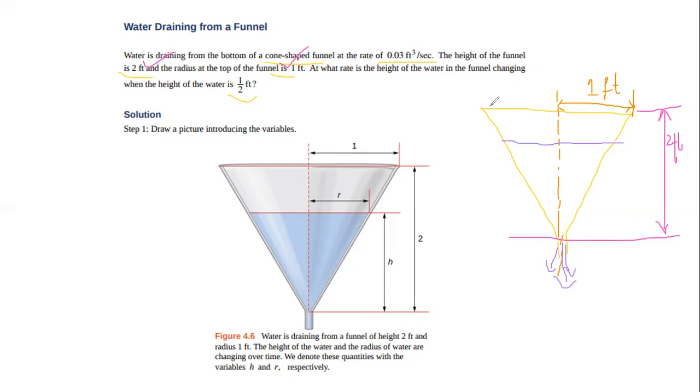First the height will be this point. Now the next height after draining some liquid will be this one. So my new height will be from this point to this point, which is my h, and this is the new radius, from this to this.